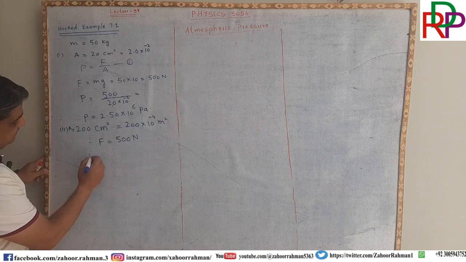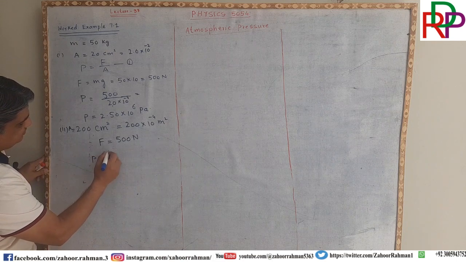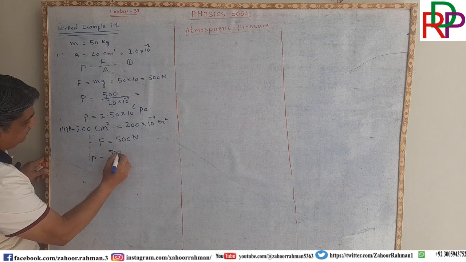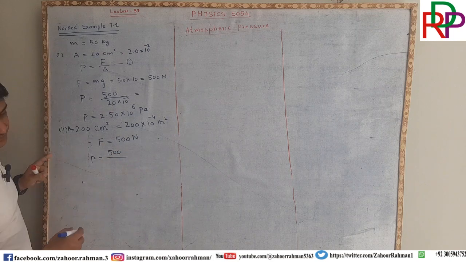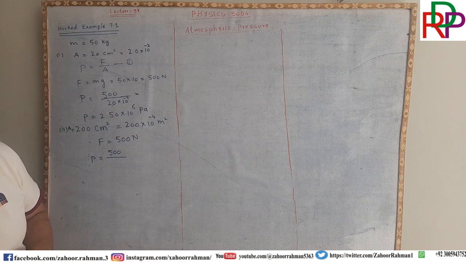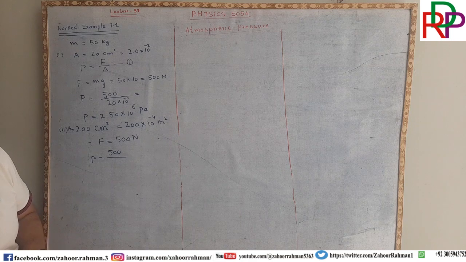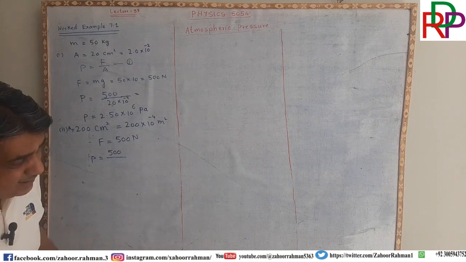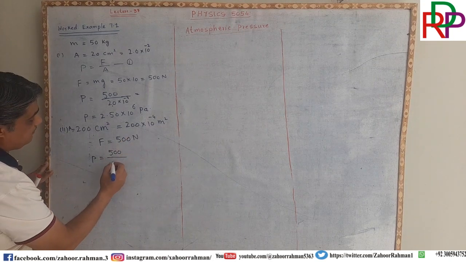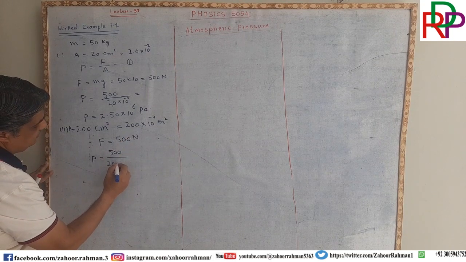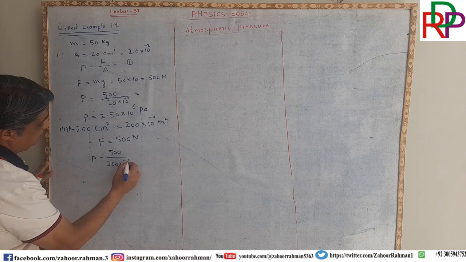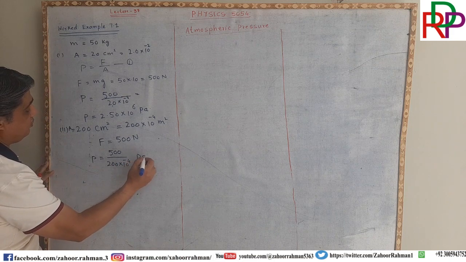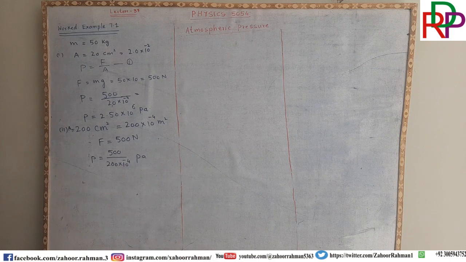So in this case, pressure is equal to 500 divided by 200 into 10 raised to the power -4 Pascal.